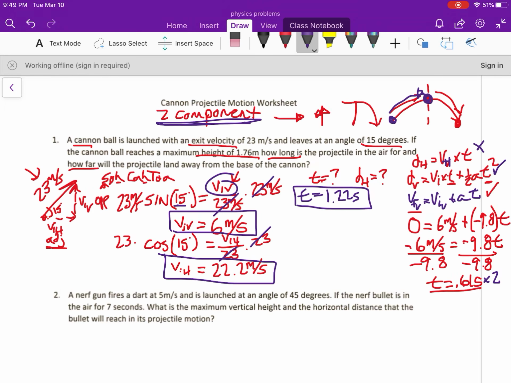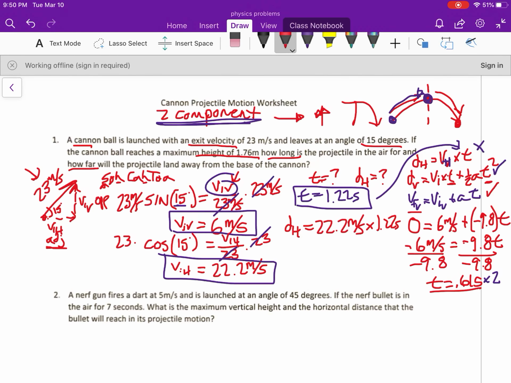Now, once I have that, again, just like my other practice problems worksheet, the time in my vertical direction is the same as my time in my horizontal. So I can plug that into here, and I can solve for my distance in the horizontal. When I do that, I get my distance in the horizontal is equal to my velocity initial in the horizontal, which we calculated as 22.2 meters per second, times the total time, which is 1.22 seconds.